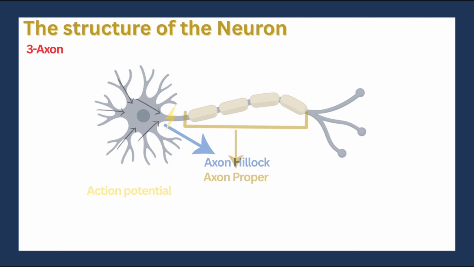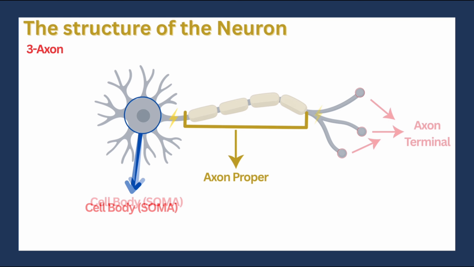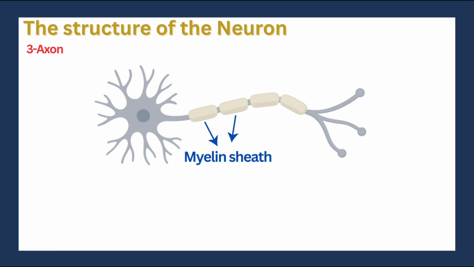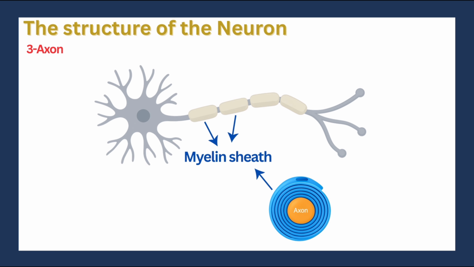If an action potential is initiated, an electrical signal will move down the axon toward the axon terminal. The axon proper's function is to carry the electrical signal from the soma to the axon terminal. In order to do this efficiently, most axons are covered by myelin sheaths, which are fatty insulating layers wrapped around the axon. They are produced by special glial cells. What are glial cells? Glial cells are the second type of cells found within the nervous system.